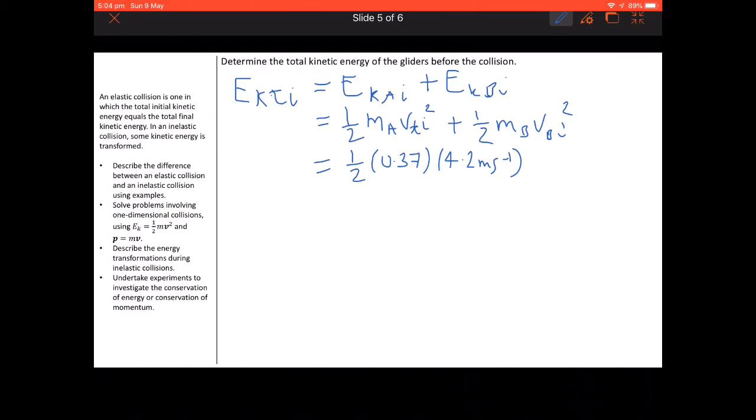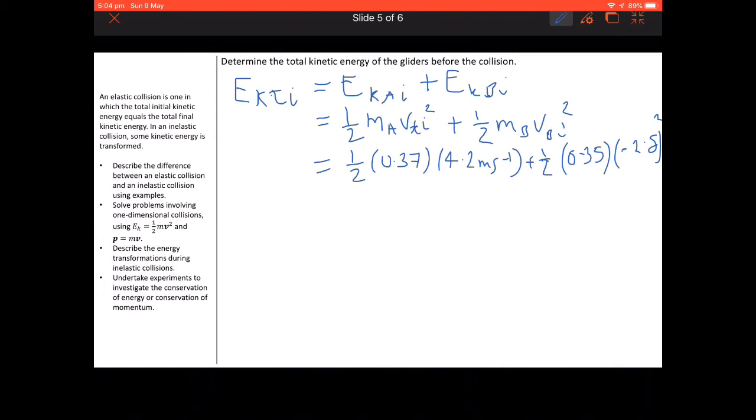And then half the mass of B, which is 0.35, and the initial velocity of B was negative 2.8, and then squared.